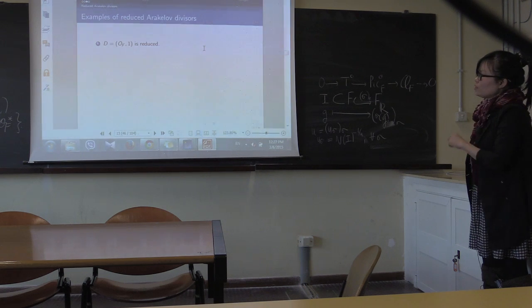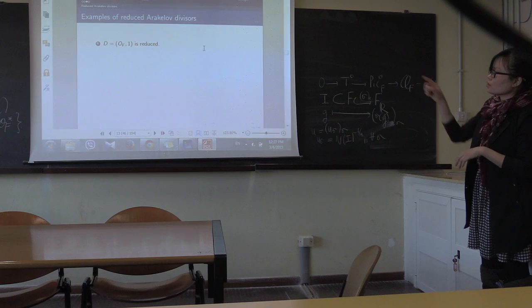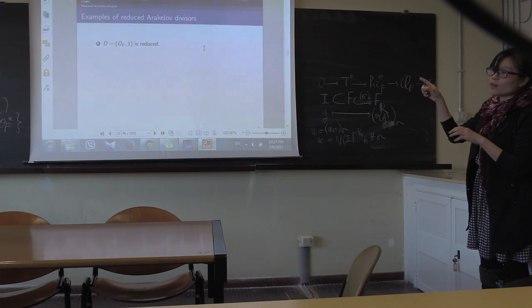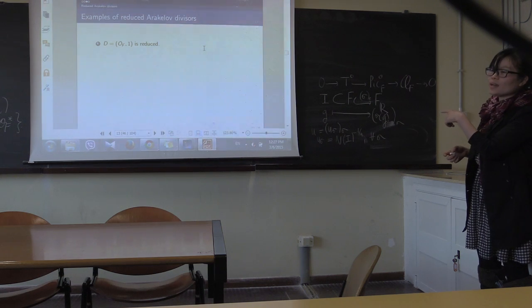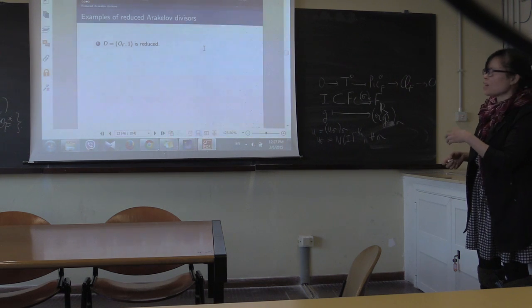Here are some examples. The Hermitian line bundle O_F with 1, the zero divisor, is reduced because 1 is shortest in O_F, so it's minimal in O_F.